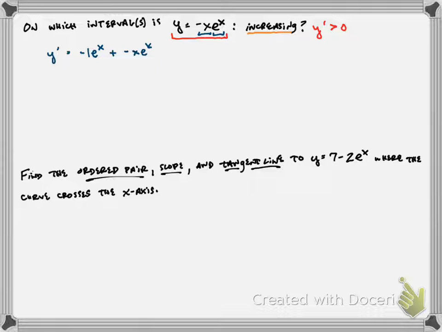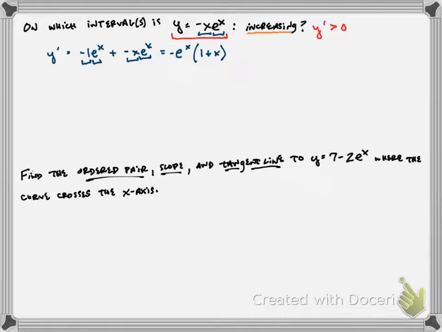So derivative of the first times the second plus the first times the derivative of the second. Now, we can factor out, and I'm going to do this on purpose, an e to the x. Actually, I'm sorry, I'm going to factor out a negative e to the x. When I factor out a negative e to the x, I'm left with 1 plus x.